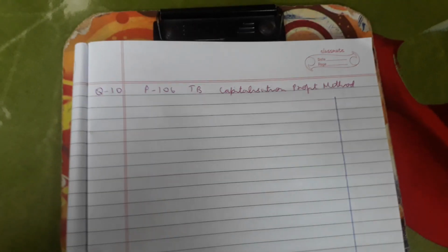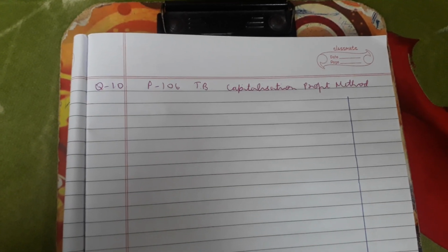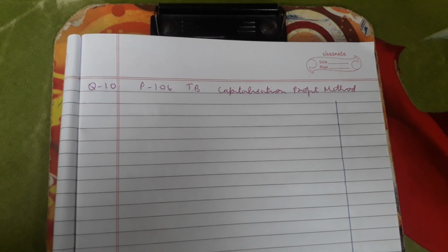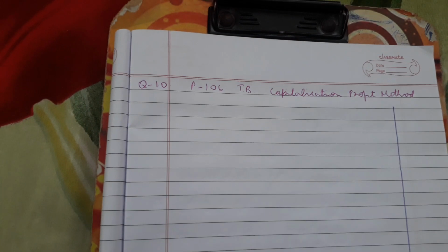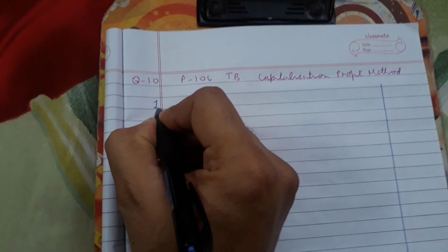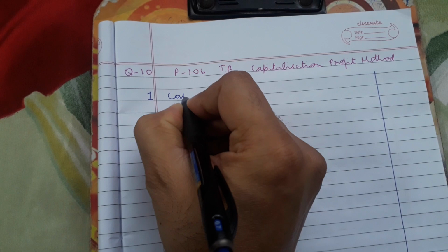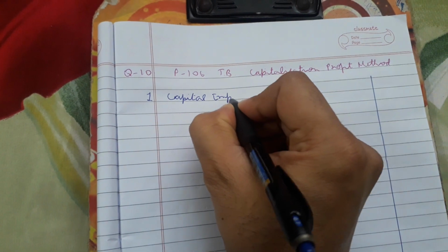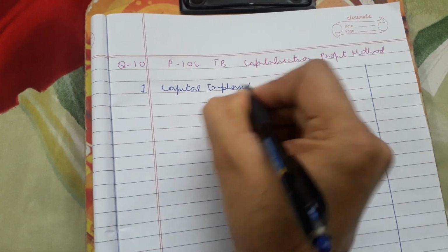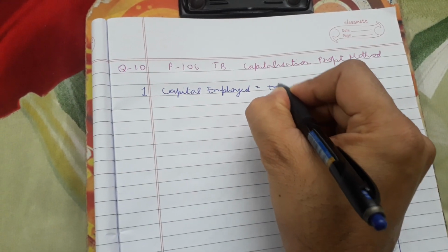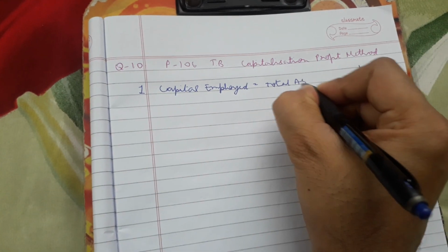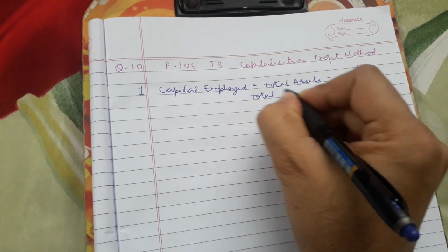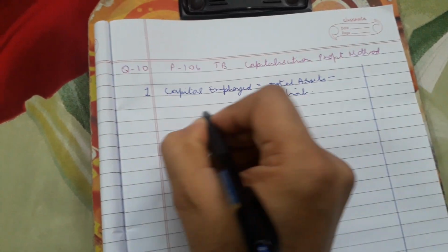We are going to discuss question number 10, page number 106 of your textbook. Capitalization profit method. Point 1, capital employed: total assets minus total liability.